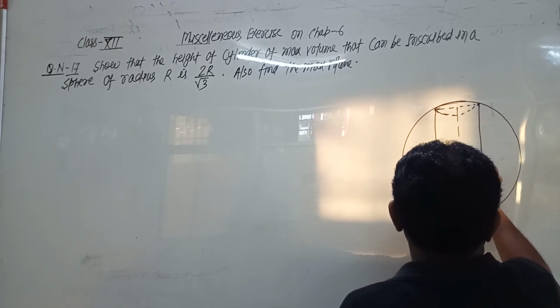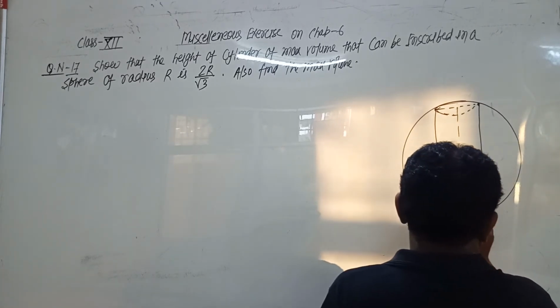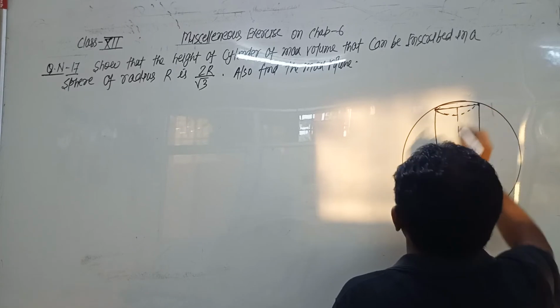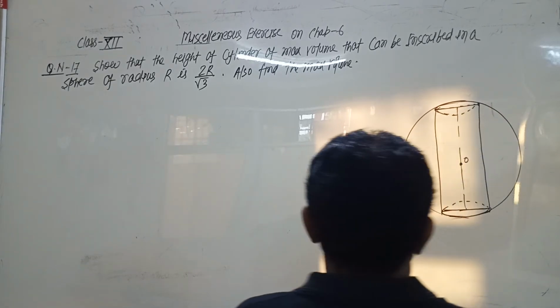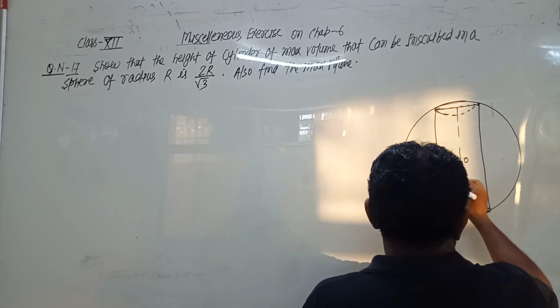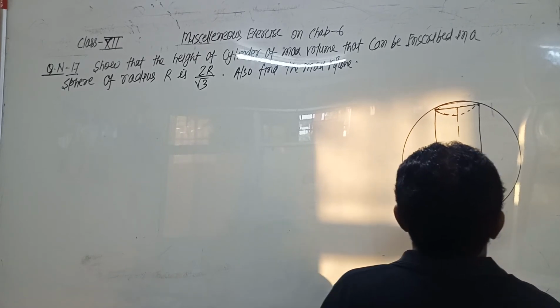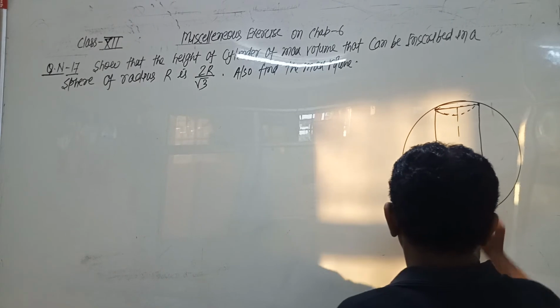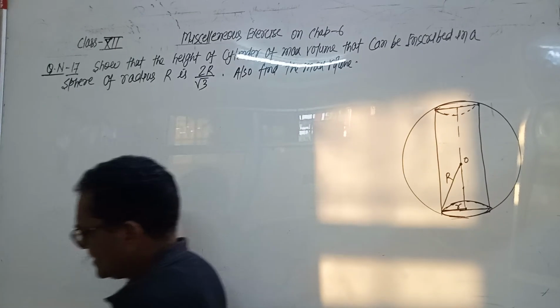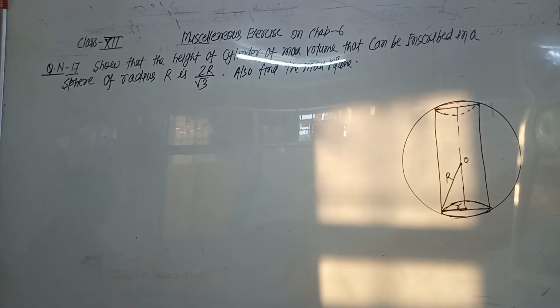In a sphere, a cylinder is inscribed and the sphere has radius R, and the radius of the cylinder is taken to be small r.